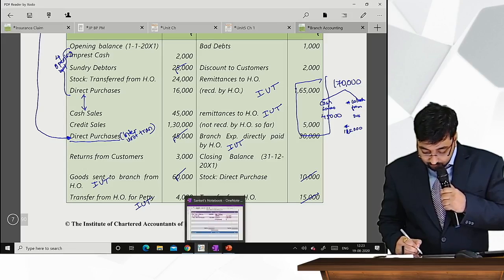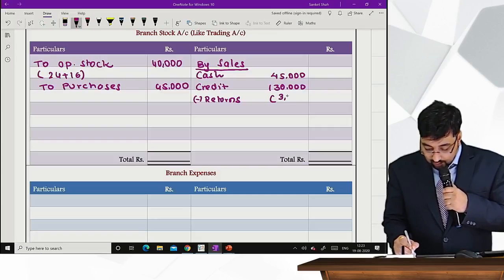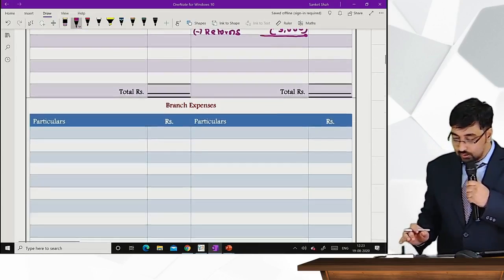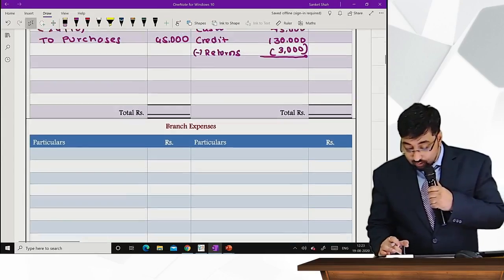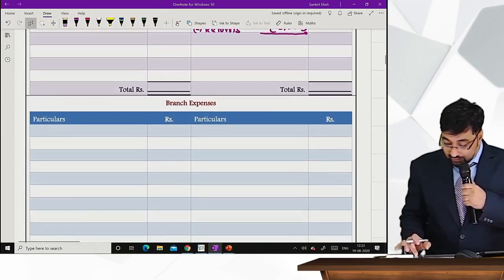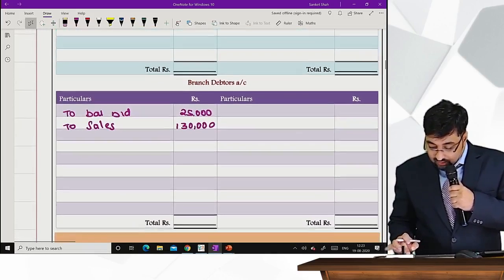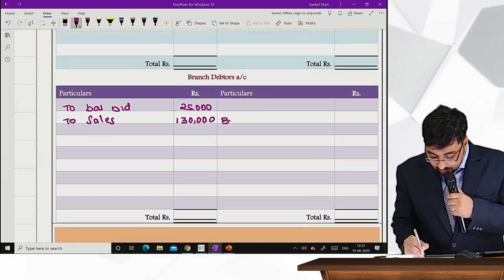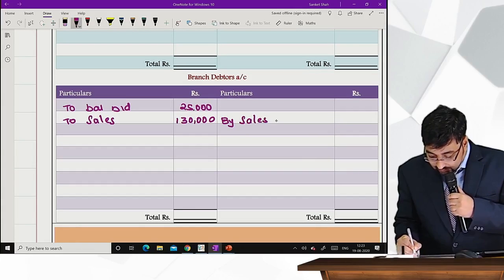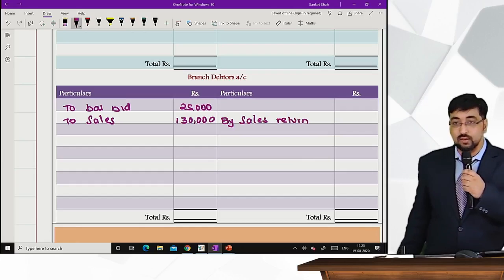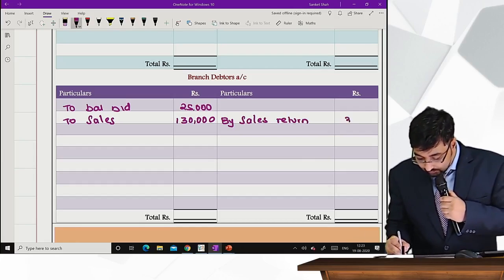This is a negative figure. So 3,000, and we will take the total afterwards. So don't take a calculator. Write down sales return in the branch debtors account. Write down by sales return, rupees 3,000.